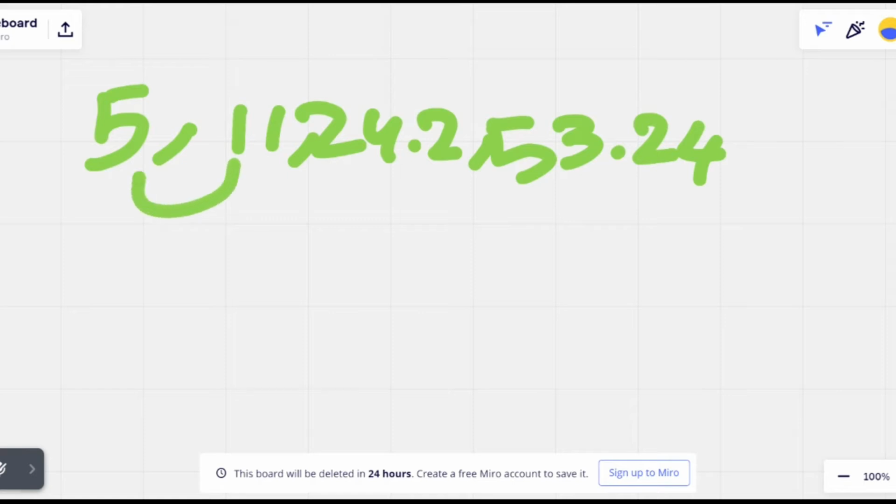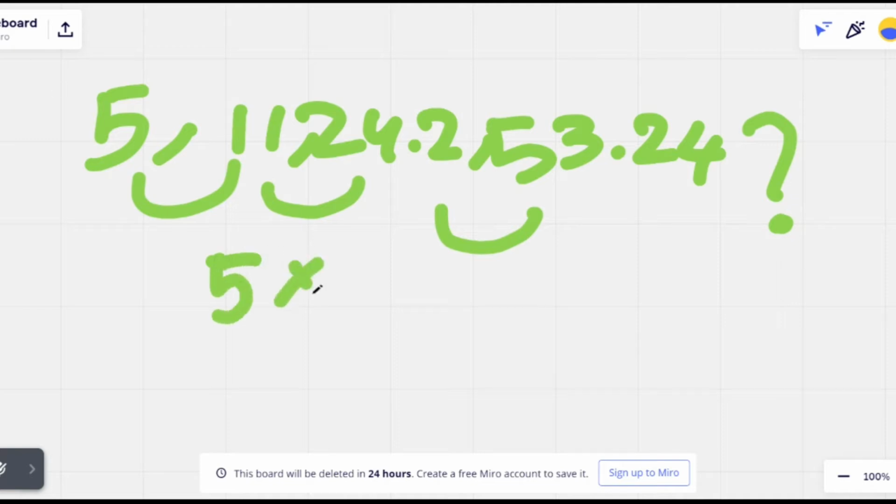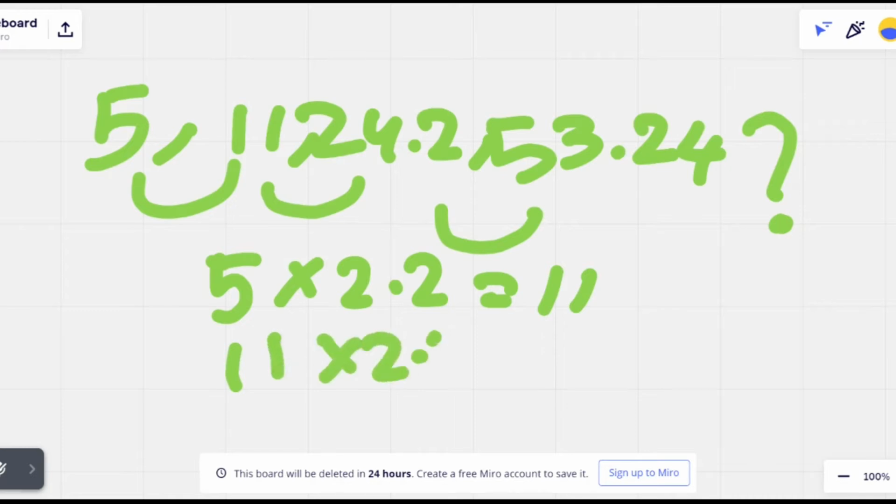What is the relation you found between these numbers? Between 5 and 11, 11 is exactly 2.2 times 5. Similarly, 24.2 is exactly 2.2 times 11.